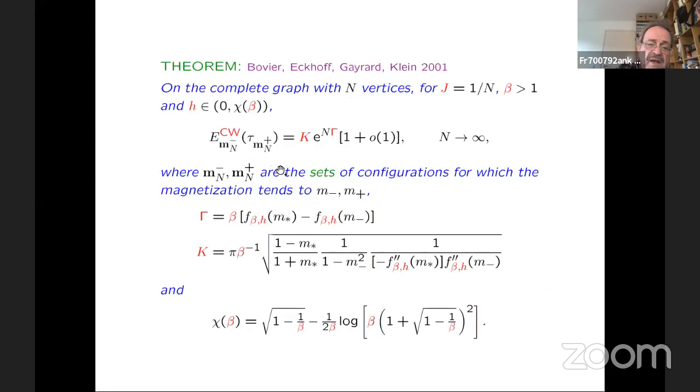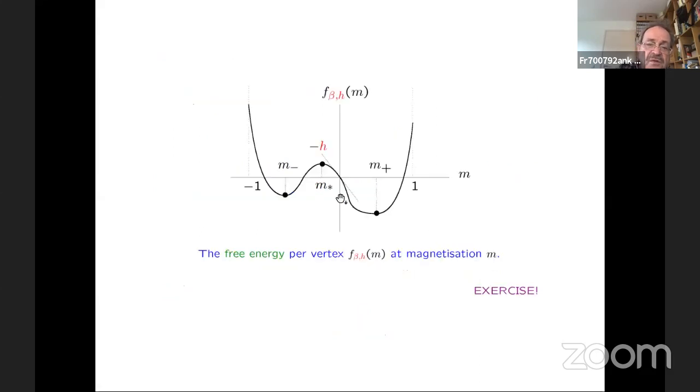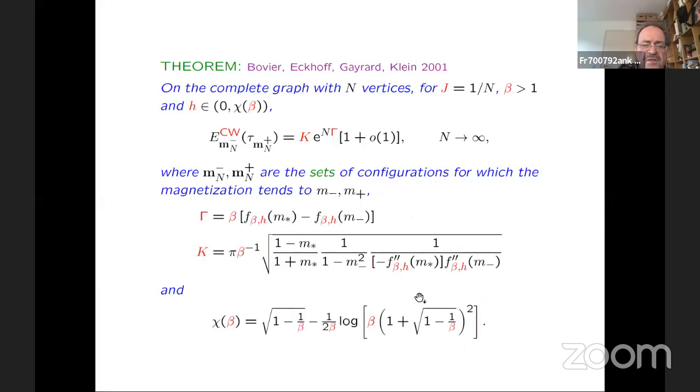And what plays a very important role is the curvature of this curve at these two points. So it's the curvature here and the curvature here that also determine what this prefactor is. And the flatter the curves, the longer it's going to take to go over.